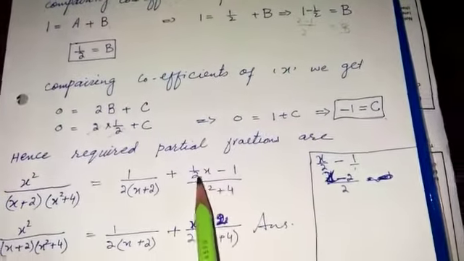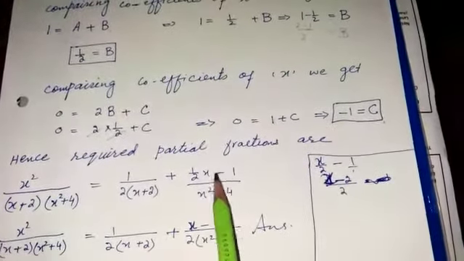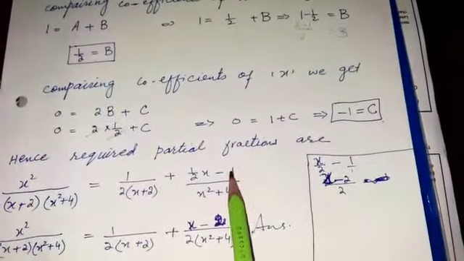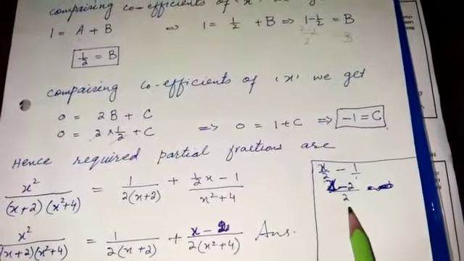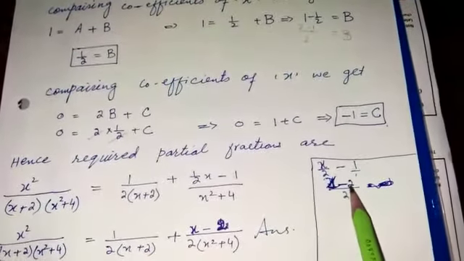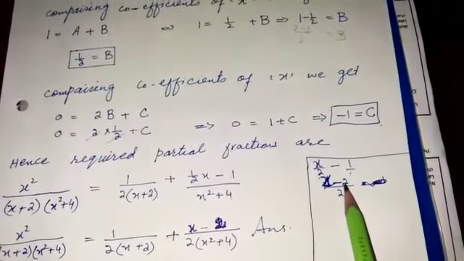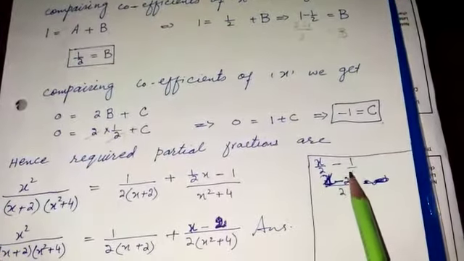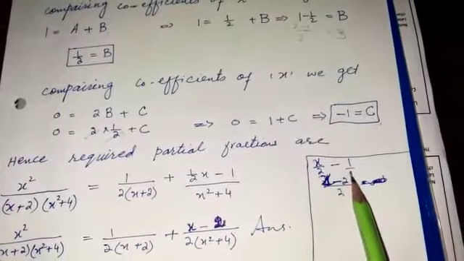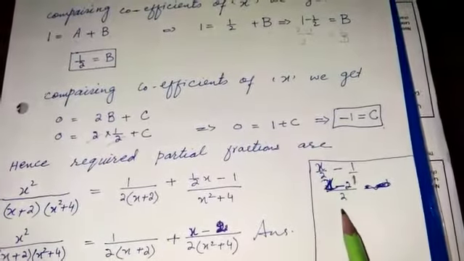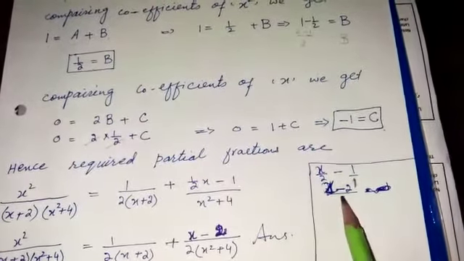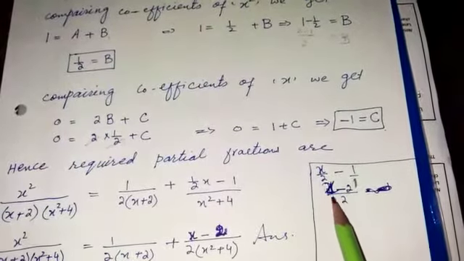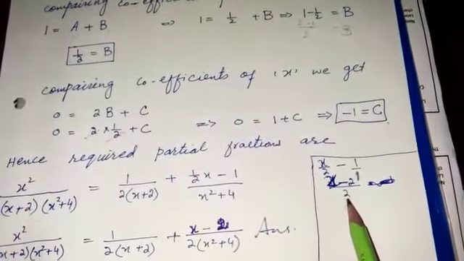Now we will take the LCM of these two terms. We get the LCM 2, x minus 2. If we suppose here a 1, the LCM will be 2. 2 will be cancelled by 2, or by cross multiplying we get (x minus 2) over 2.